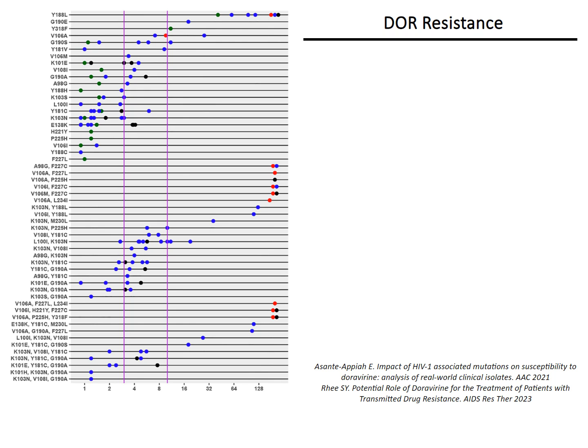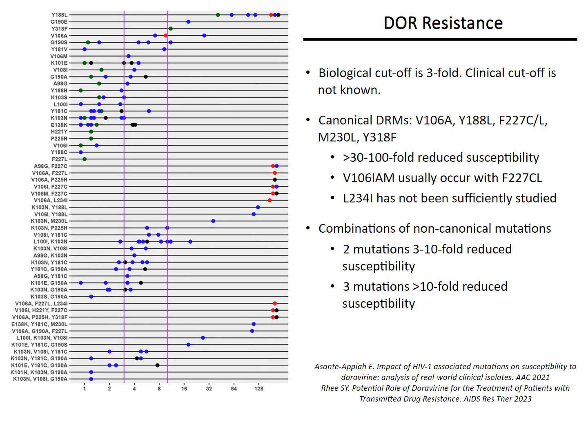The x-axis shows the fold reduction in susceptibility on a log2 scale. Lines are drawn at the 3-fold mark, which is the technical or biological cutoff for Doravirine in the PhenoSense assay, and at the 10-fold mark, primarily because this is a convenient benchmark.